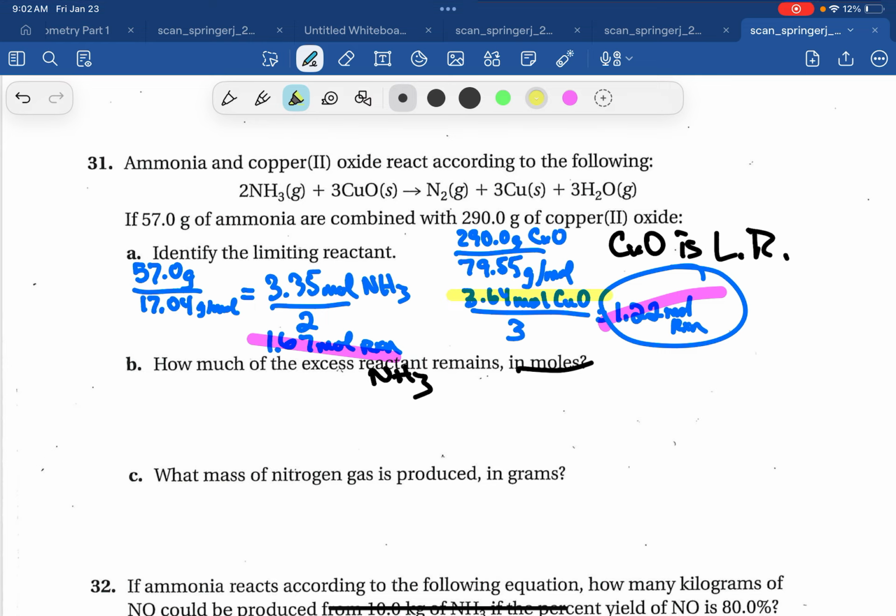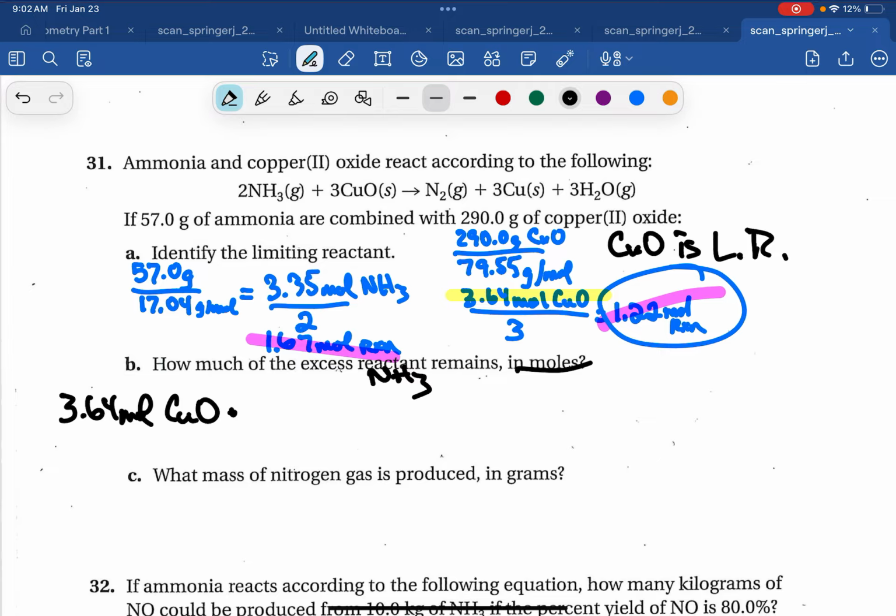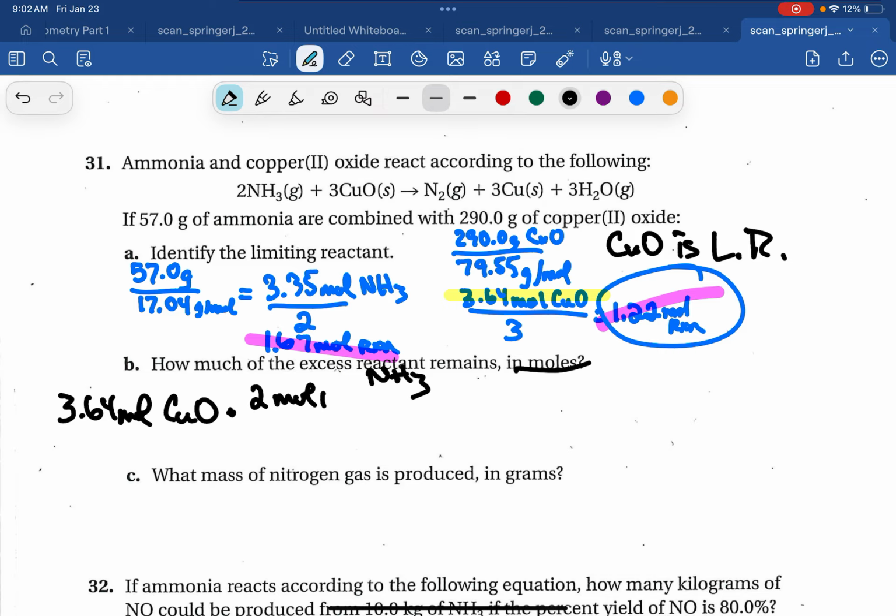That's my starting point. 3.64 moles CuO. I know the find over given. I'm looking for NH3, so 2 moles NH3 over 3 moles CuO.